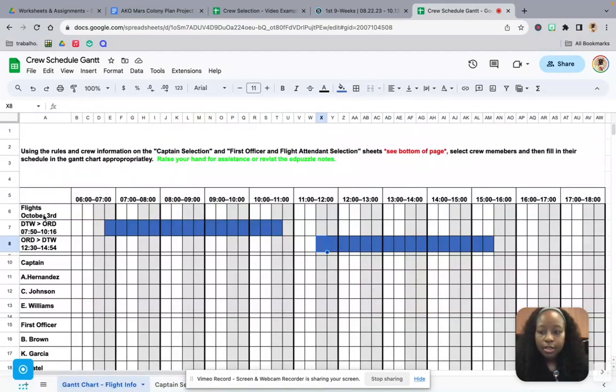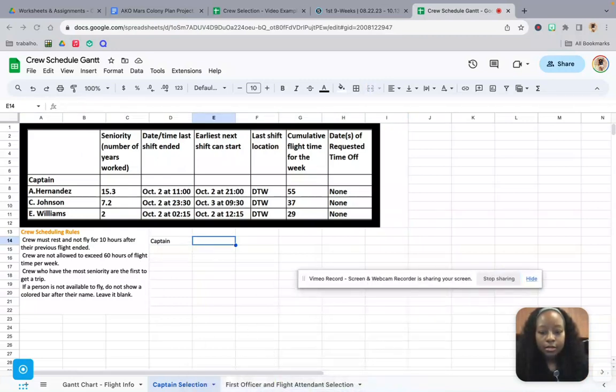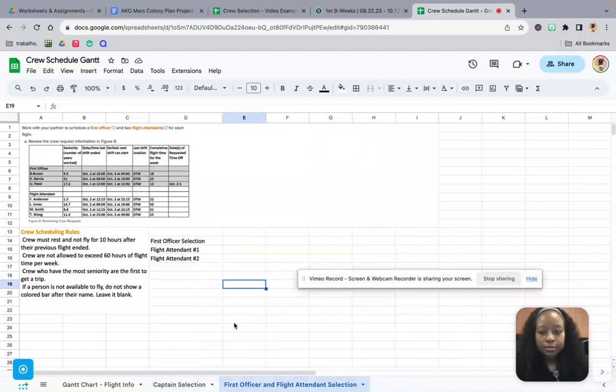All right. On October 3rd. So you'll select your captain based on this chart. This is basically what I just did, looking at Schrute, Scott, and Beasley, all of those things. You're selecting one captain. You just type it there, and then you're going to select a first officer based on the same chart, and a flight attendant based off the same chart.